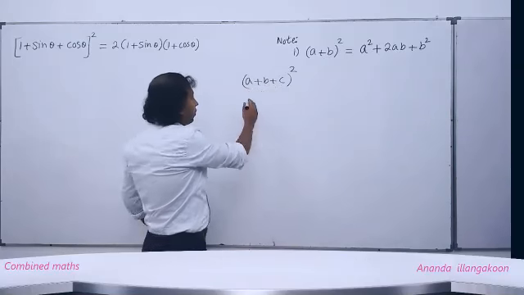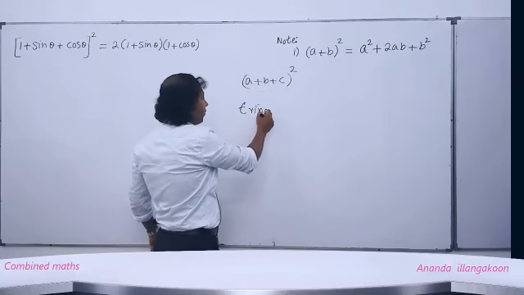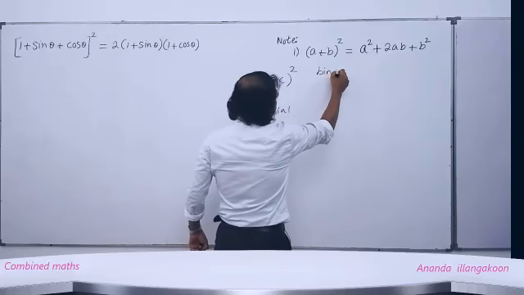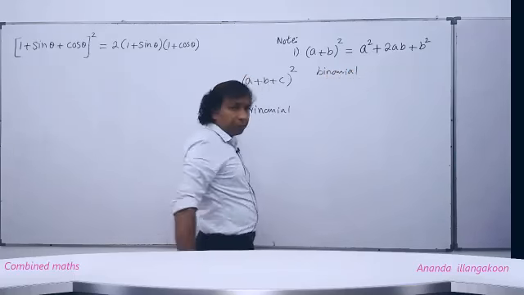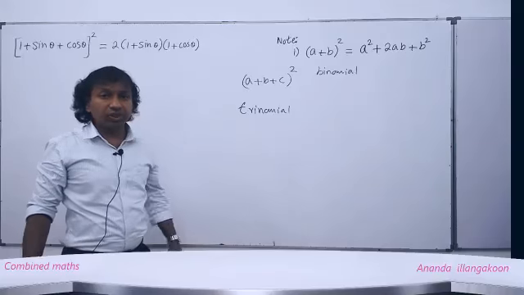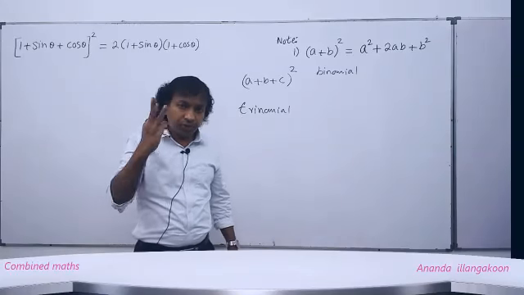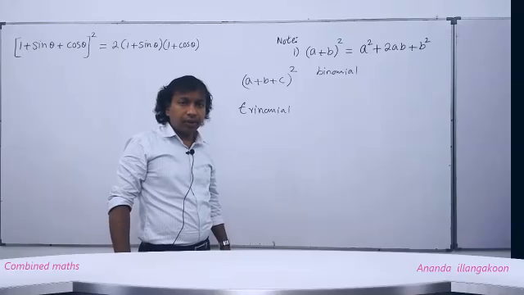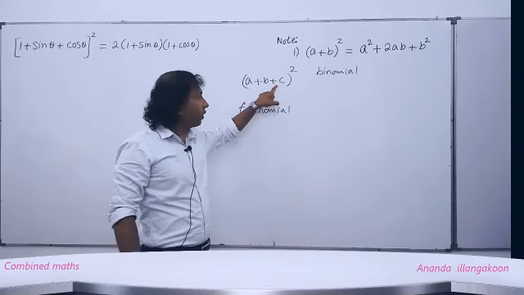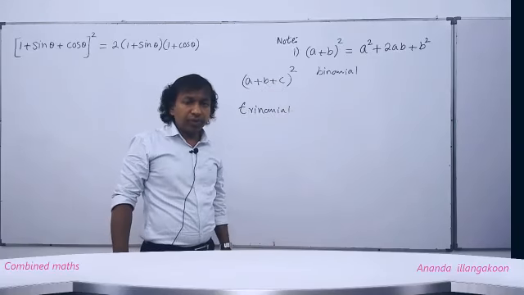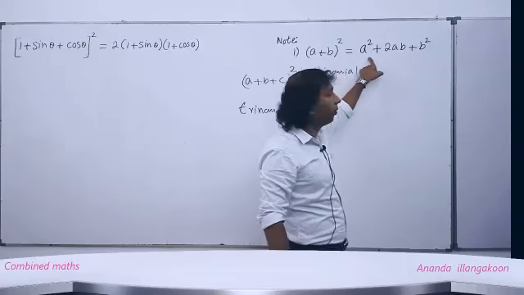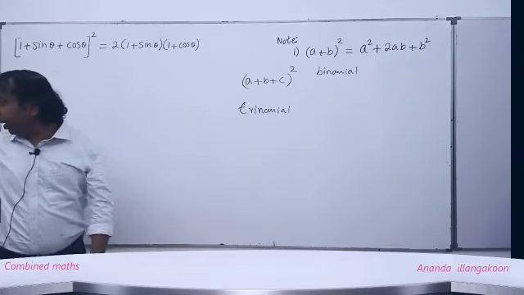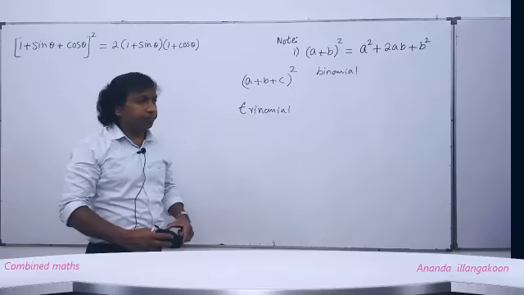This is called trinomial. This is binomial. Bi means always two, two terms in the bracket. Tri means three, three terms in the bracket. People, the perfect square of this trinomial we can obtain by using this binomial. This is how we obtain that. I'll explain. Try to understand that clearly.